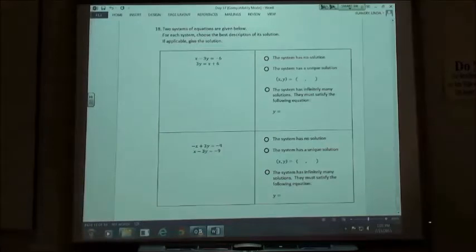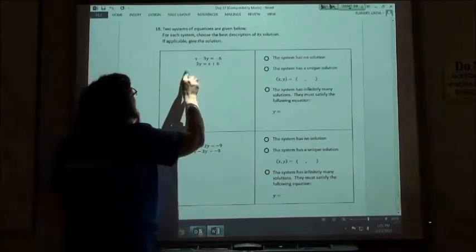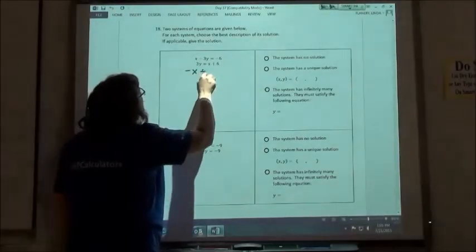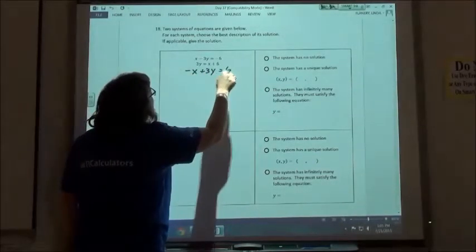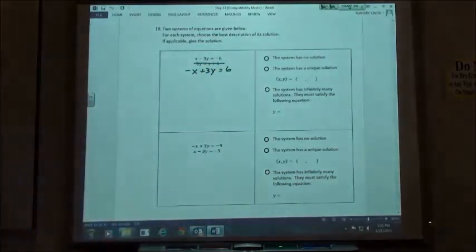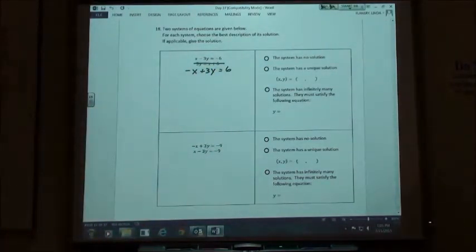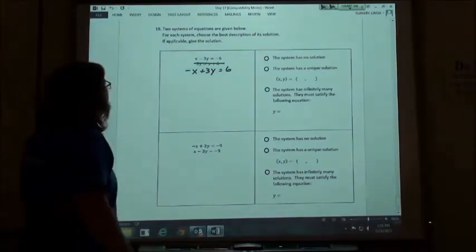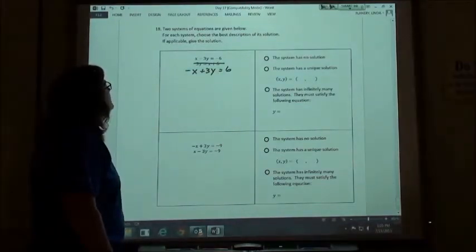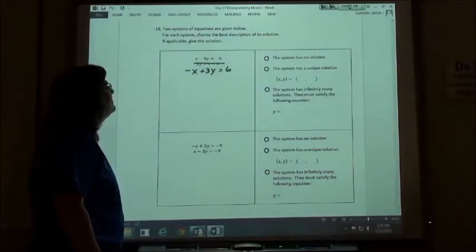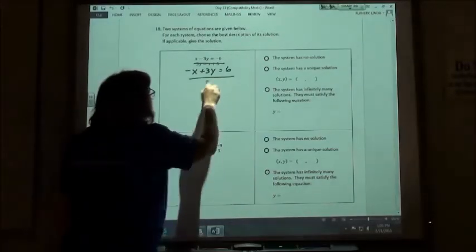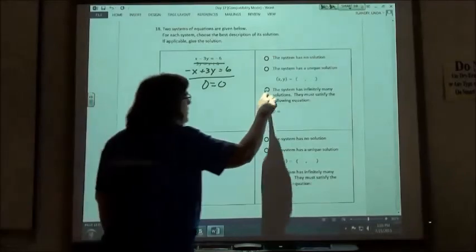So, again, we don't quite have that first one in standard form. We probably want to rearrange that. So I'm going to have negative x plus 3y equals 6. And when I add those together, I'm going to get 0 equals 0.